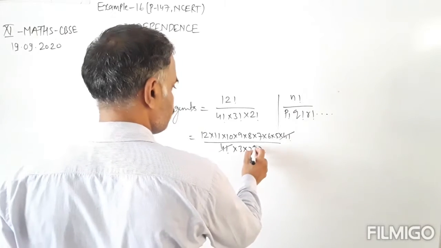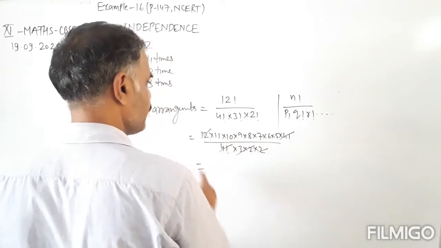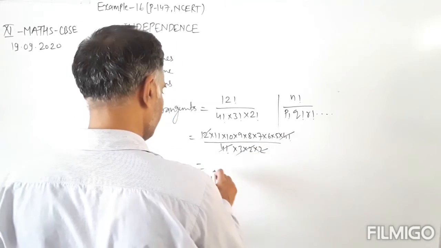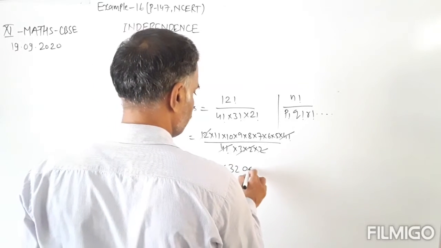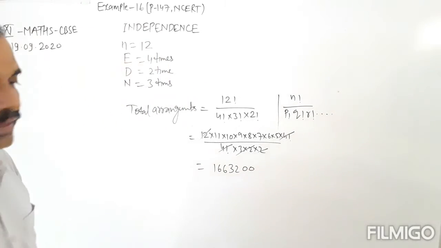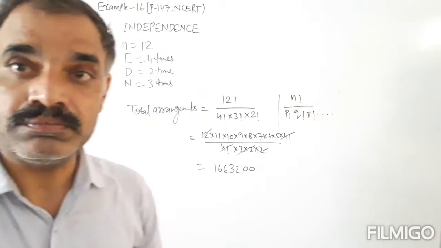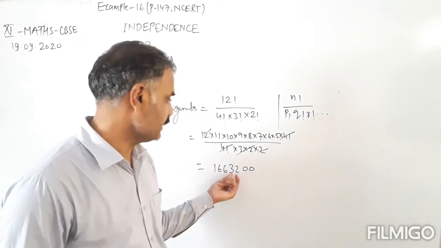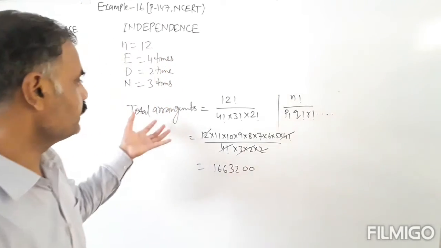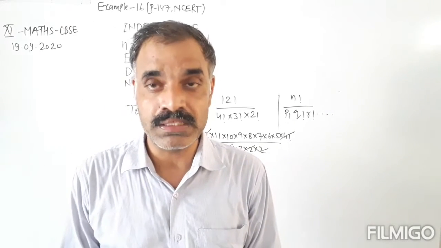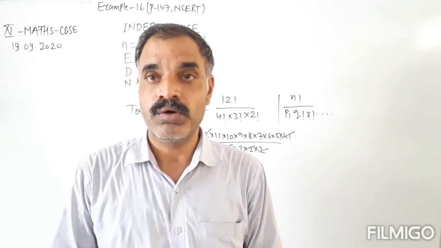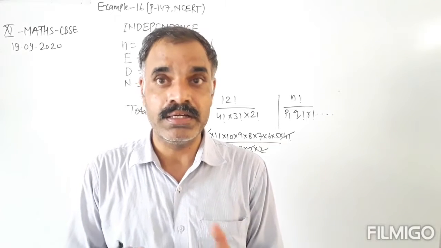After solving this we will have 1663200. These are the total number of arrangements, or permutations, formed from the letters of the word independence.